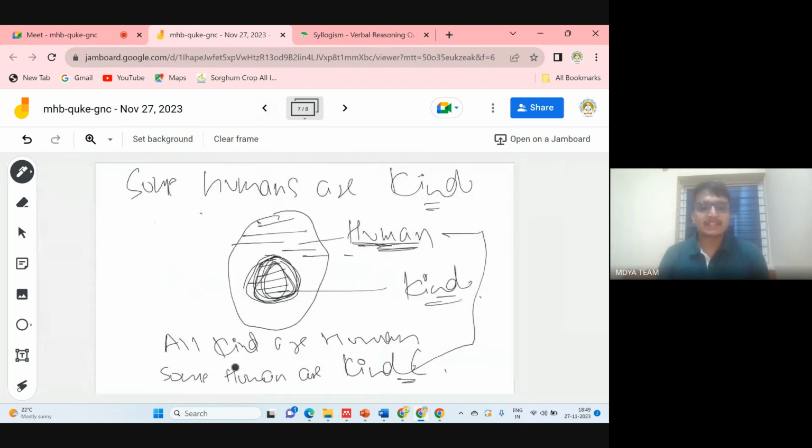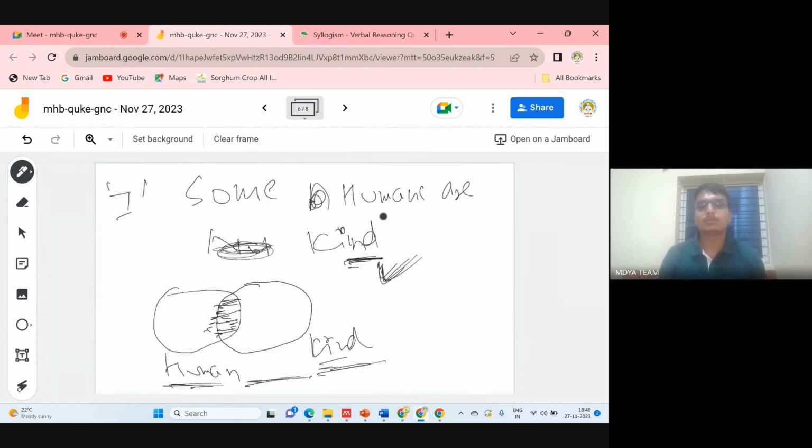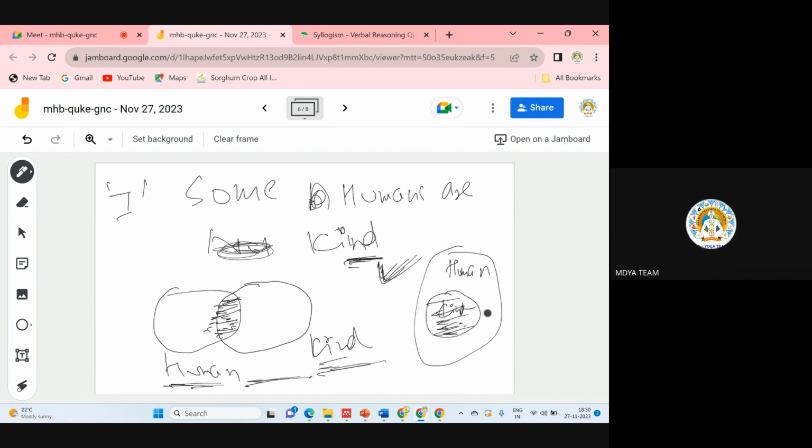So can we say that for the statement some humans are kind, we are making this type of Venn diagram? Can we also make this type of Venn diagram, a bigger part of human and a smaller part inside this? Yes, when there is also a not statement, then yes.